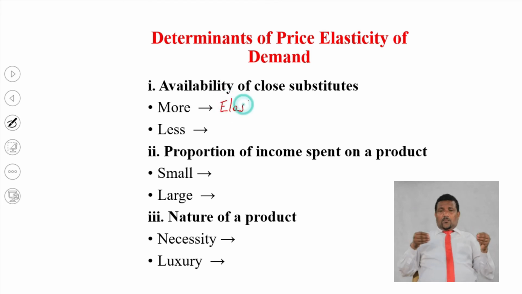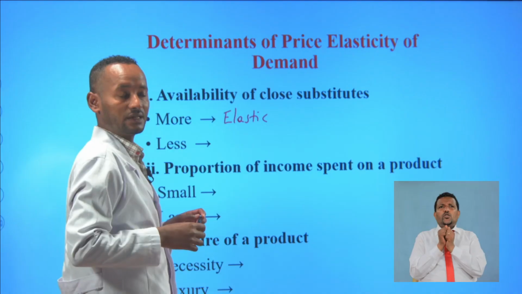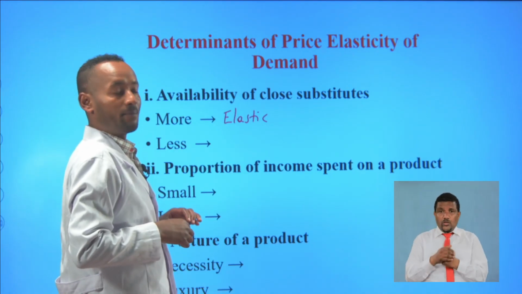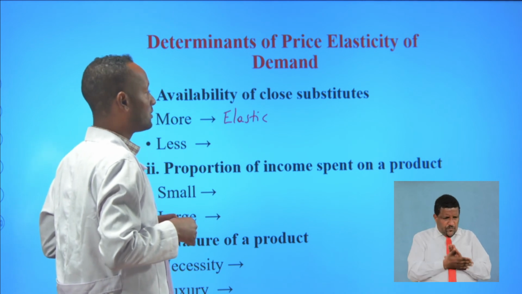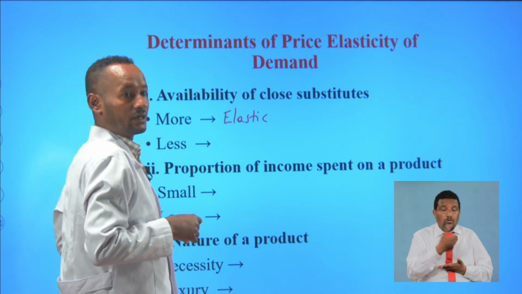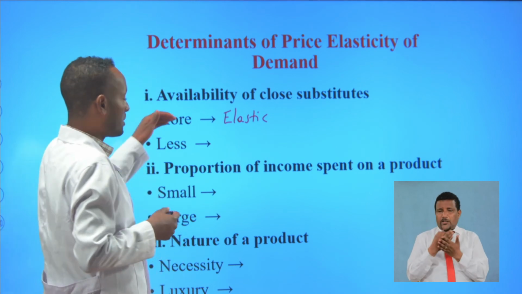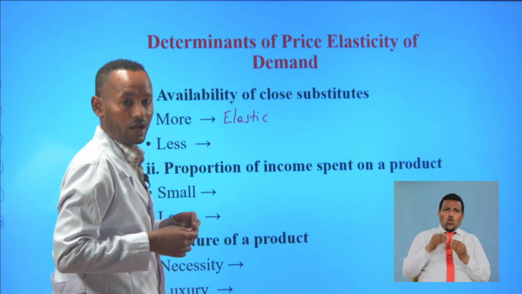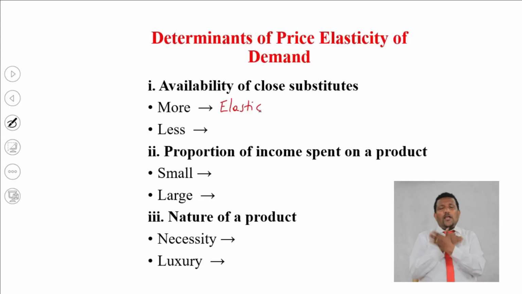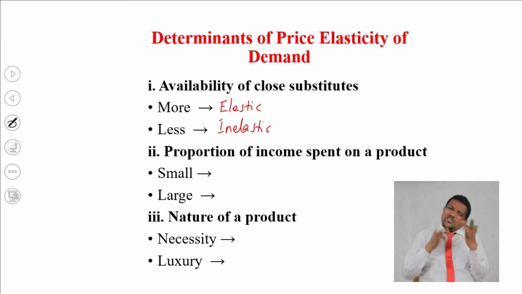That means the buyer will be more sensitive, because with a little change in the price of a commodity, the buyer will shift his consumption to other commodities that can substitute the product. So the more close substitutes available for a product, the more elastic the demand for that product. The fewer close substitutes available for a product, the more inelastic. If we don't have any choice to substitute a commodity, then we will be less sensitive, or inelastic, to changes in the price of that commodity.